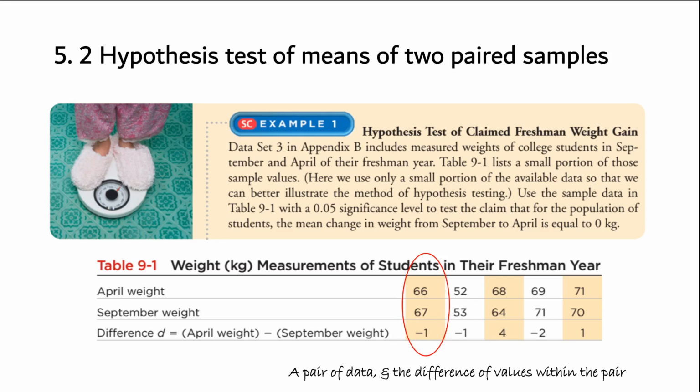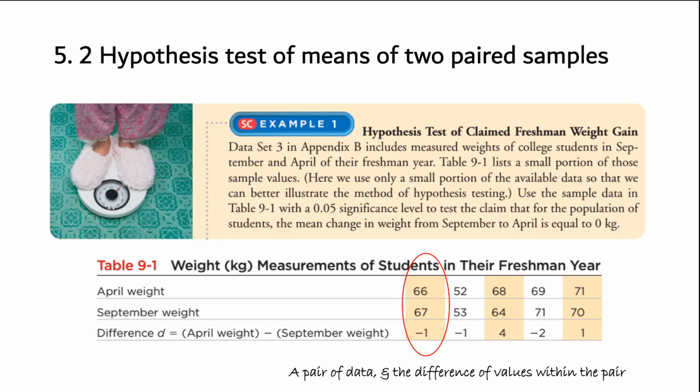For the example here, we have data of weight measurement of students in their freshman year. These students are weighed in April and in September.